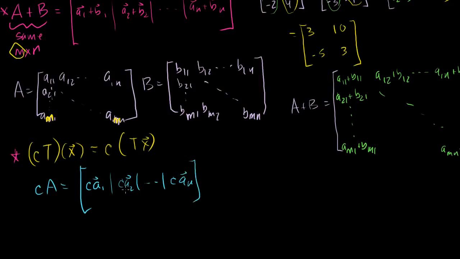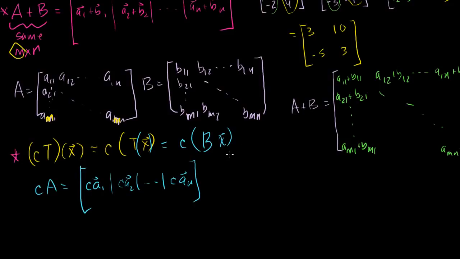And the whole motivation for this was that the transformation, sorry, this is c times the transformation of x. The transformation T of x was equal to c times the matrix B times the vector x. That's what the transformation of x could be written as.